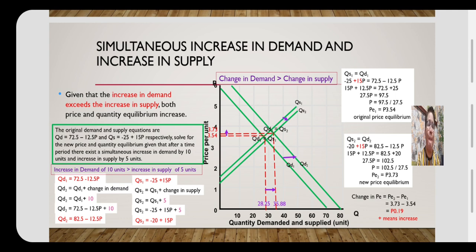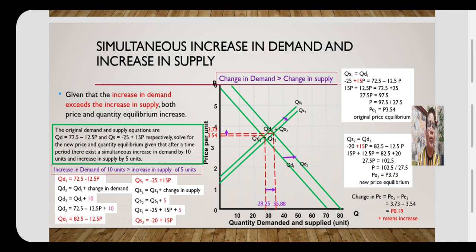So the gap between the demand curves is bigger than the gap between the supply curves. And this will graphically explain that the change in demand is greater than the change in supply.